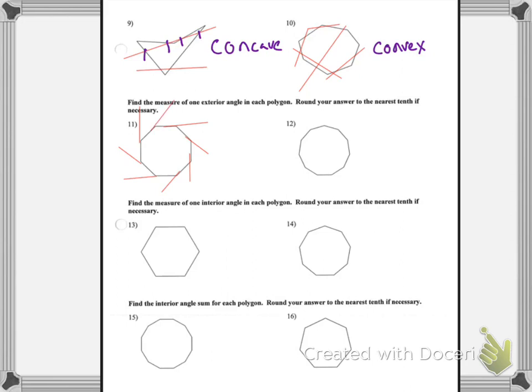Okay, since this is a regular polygon, you can see it because the sides and the angles are congruent. You know that the exterior angles are all going to have the same measure. So I'm going to put x, since I don't know the measure of that angle, in each of these spots.